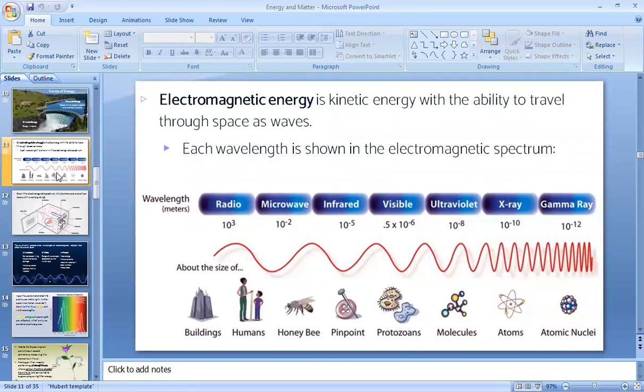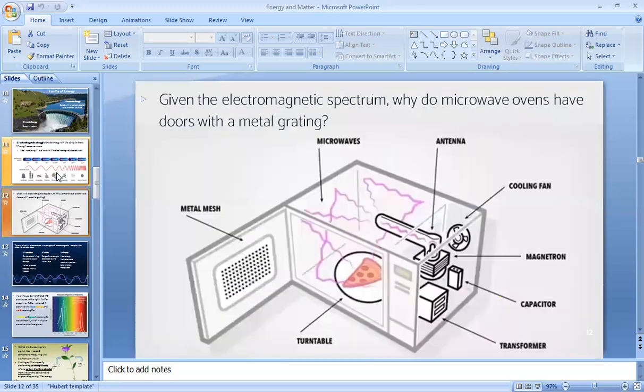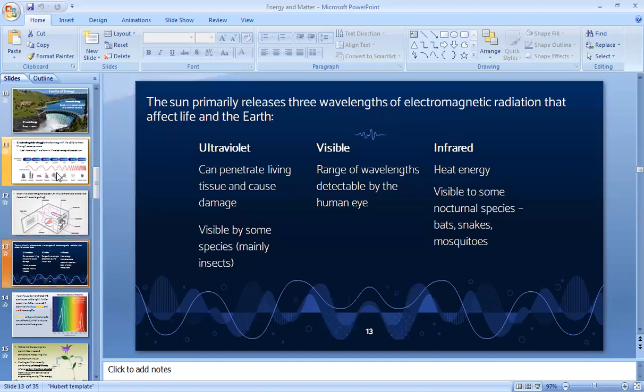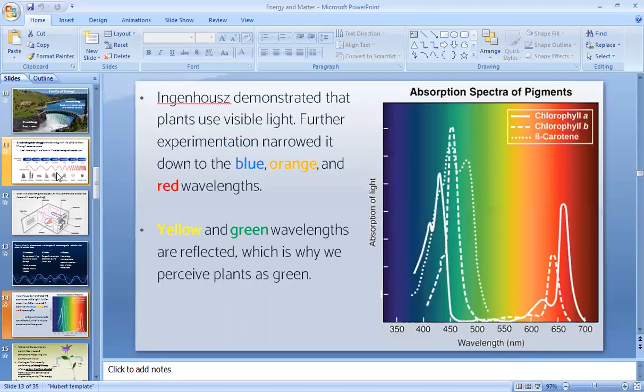Electromagnetic energy is kinetic energy with the ability to travel through space as waves. Each wavelength is shown in the electromagnetic spectrum. The sun primarily releases three wavelengths of electromagnetic radiation that affect life on earth: ultraviolet, visible, and infrared.